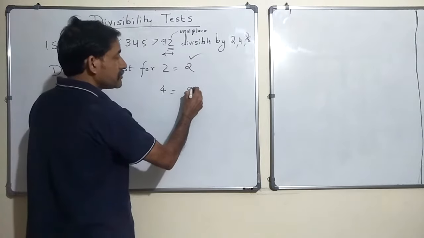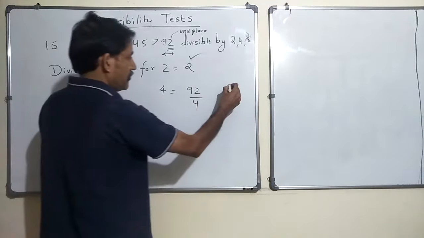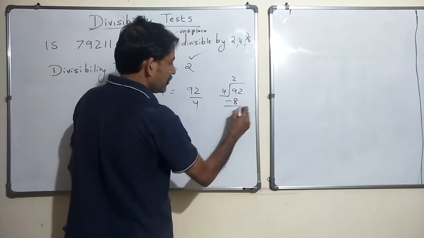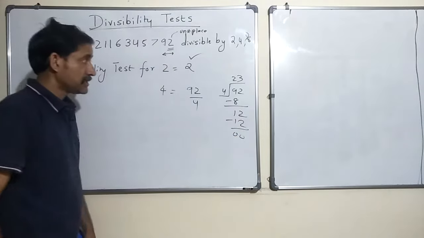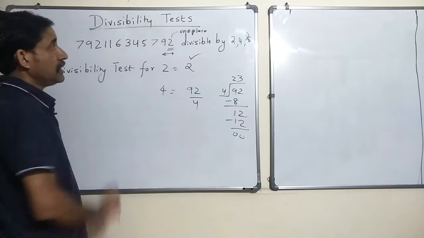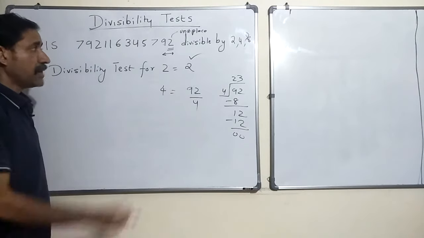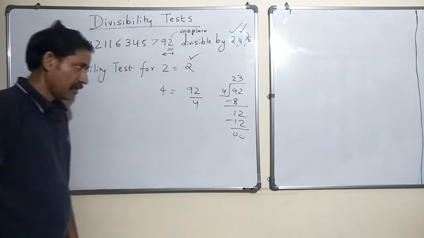Is 92 divisible by 4? Let's find out. 4 2s are 8, 4 3s are 12. So this huge number is divisible by 4 as well. It is divisible by 2, it is divisible by 4.